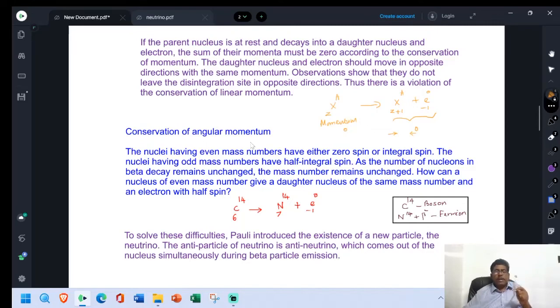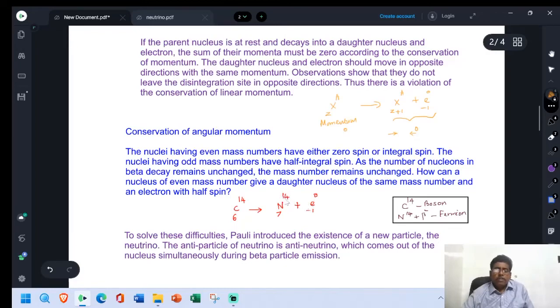How can a nucleus of even mass number give a daughter nucleus of the same mass number and an electron with half spin? To understand this, see this equation. Here carbon-14 has an even number of nucleons. It is a boson. Nitrogen-14 also has an even number of nucleons. Carbon-14 is converted into nitrogen-14 with the emission of an electron. This is the beta decay process.